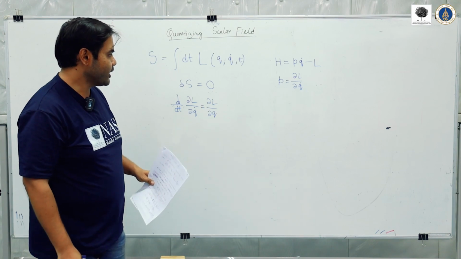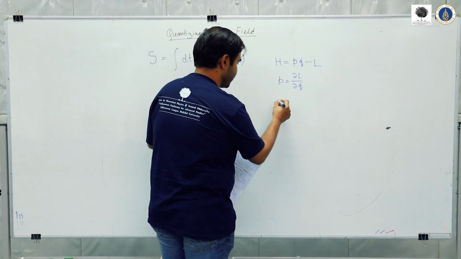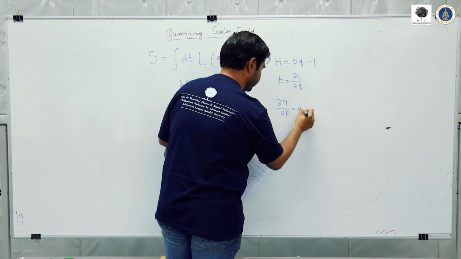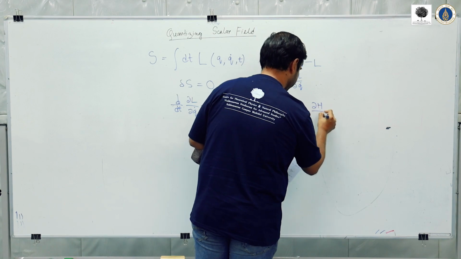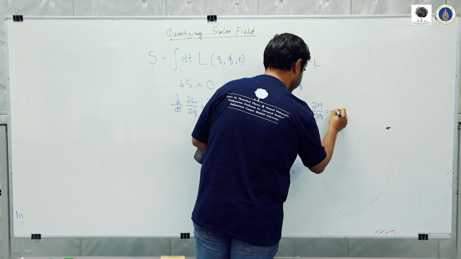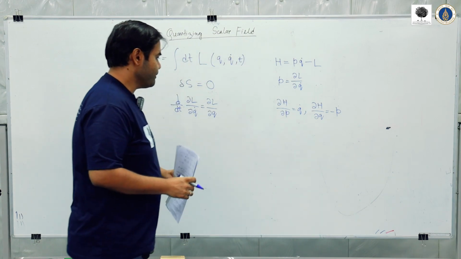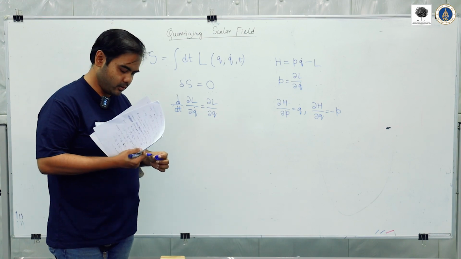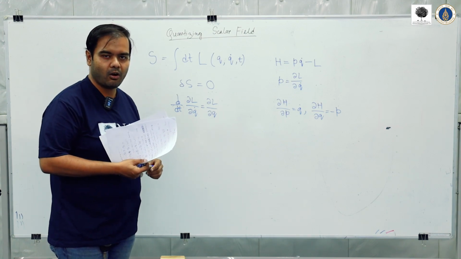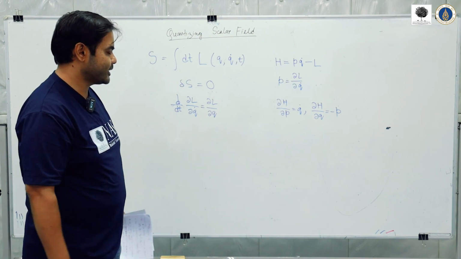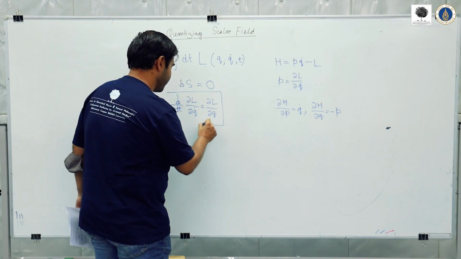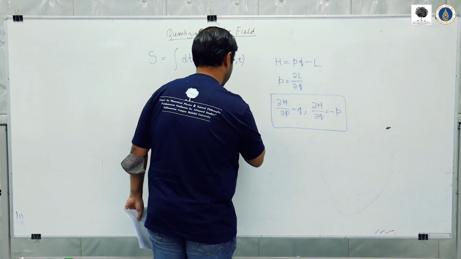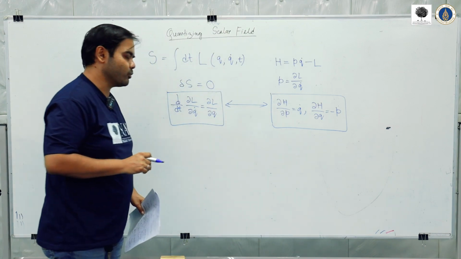After that, one can arrive at Hamilton's equations. One can take a particular example, say the free particle or the harmonic oscillator, to check that the Lagrangian description and the Hamiltonian description are completely equivalent.